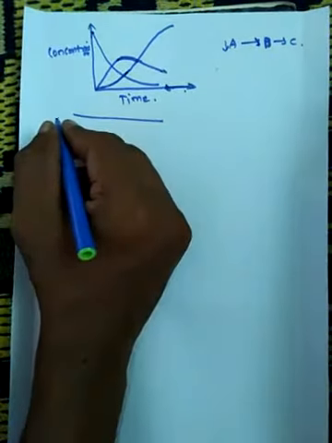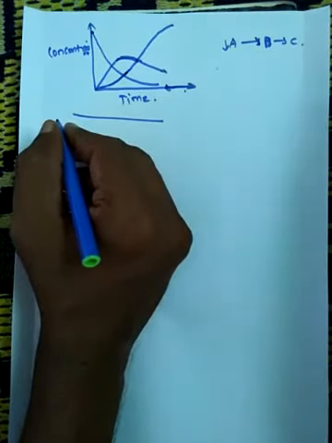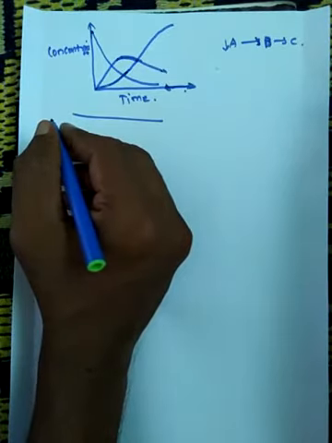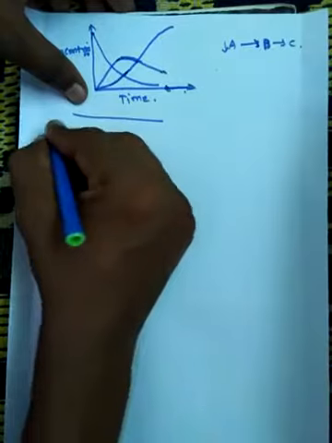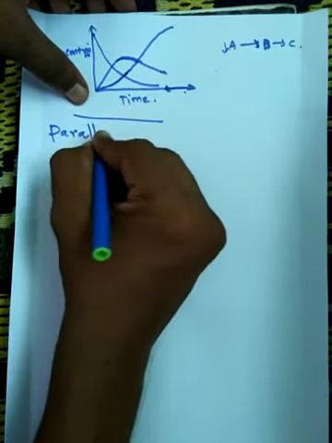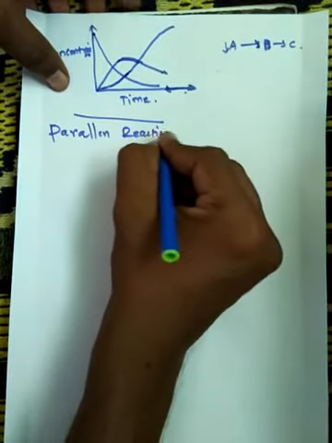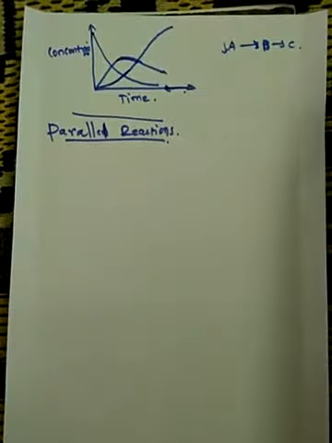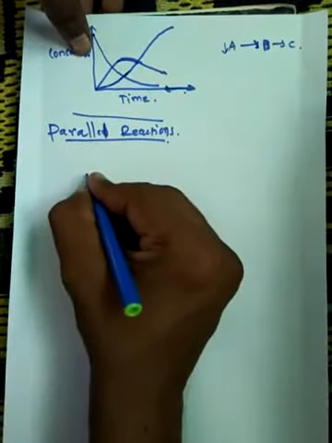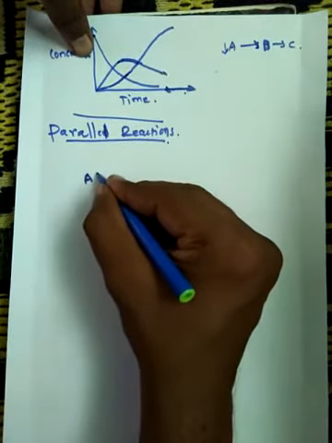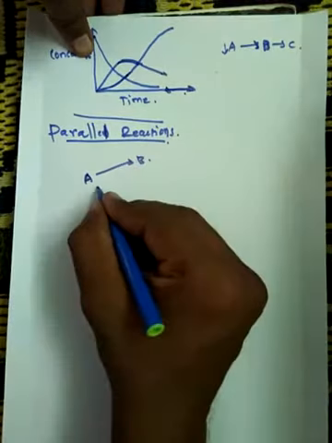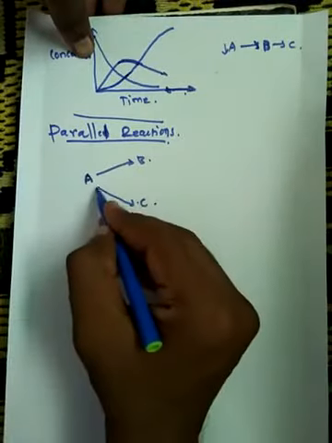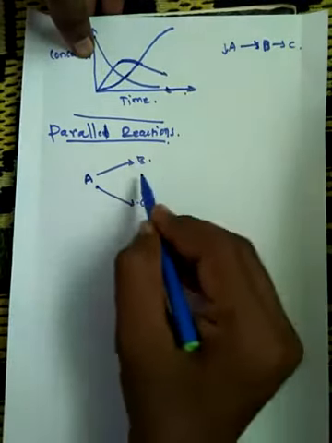Next, let me explain parallel reactions. Here, any reaction which involves more than one step is an example of a consecutive reaction. In a parallel reaction, a molecule A simultaneously gives products B and C. Two products are formed at the same time.